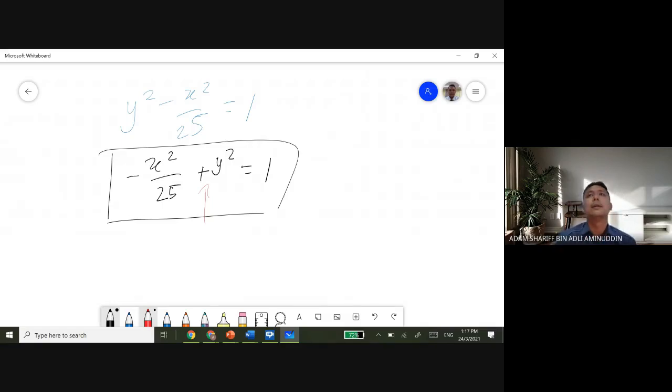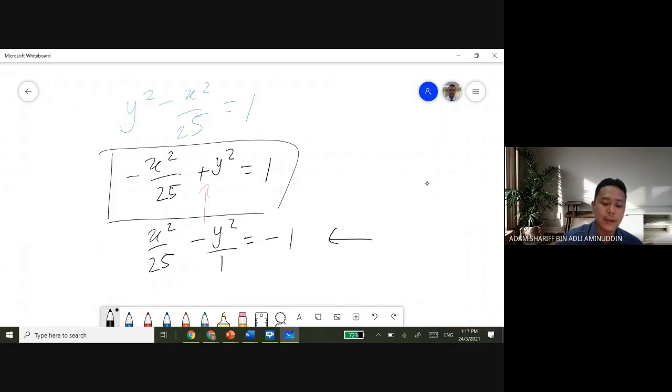Tak mustahil. Kata, ni tambah, ni ellipse ni. Okay, that's why must be very careful. With some manipulation, equals to negative 1. So actually it's not ellipse because it's a plus sign. It's actually a hyperbola which lies on the vertical plane, vertical punya axis.